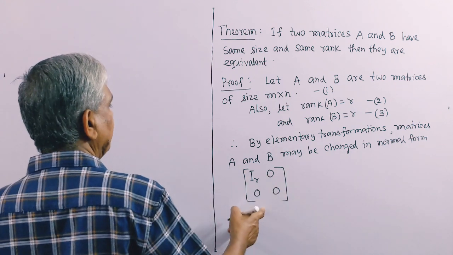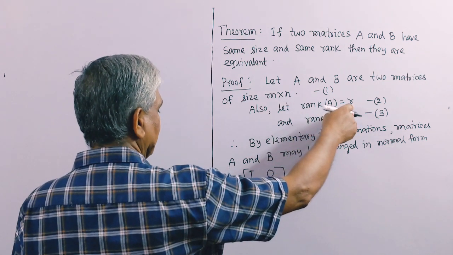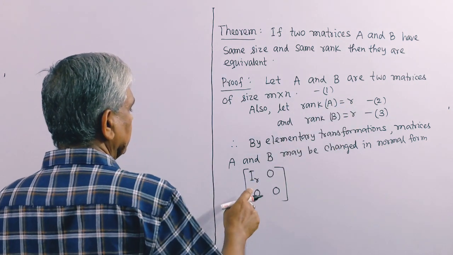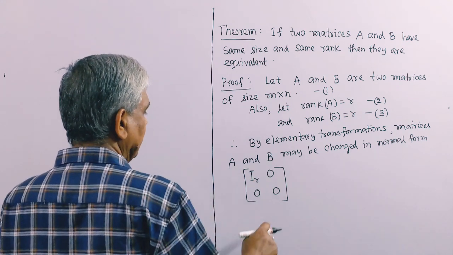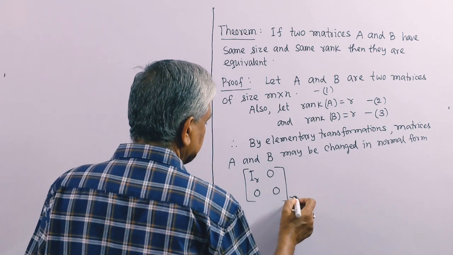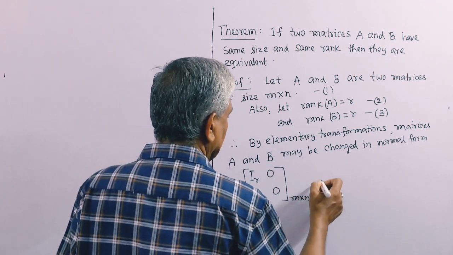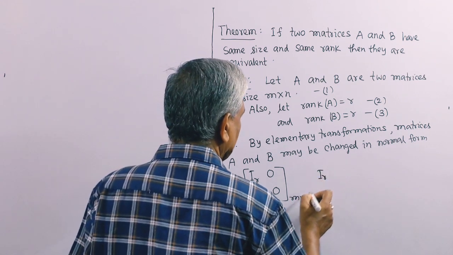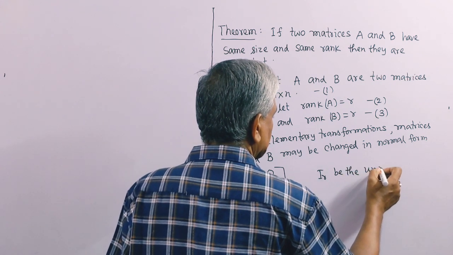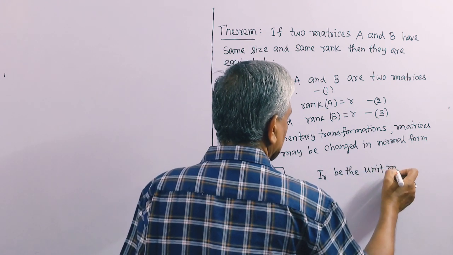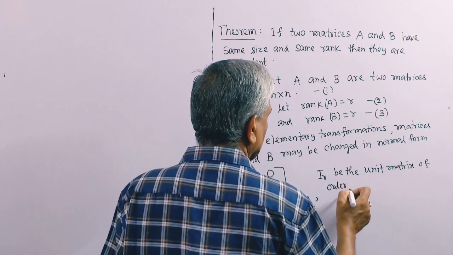This is the normal form of A and B. Since the rank is r, here we will get the unit matrix IR, and this will be of size m by n. IR is the unit matrix of order r.